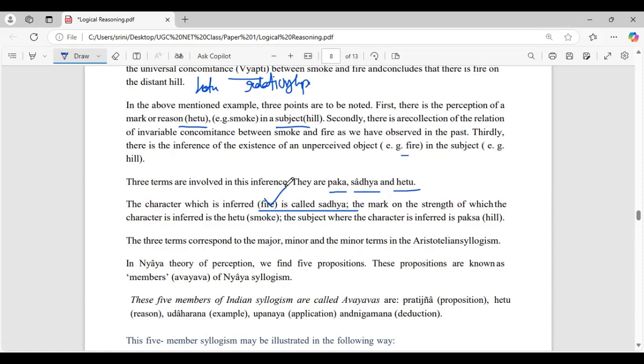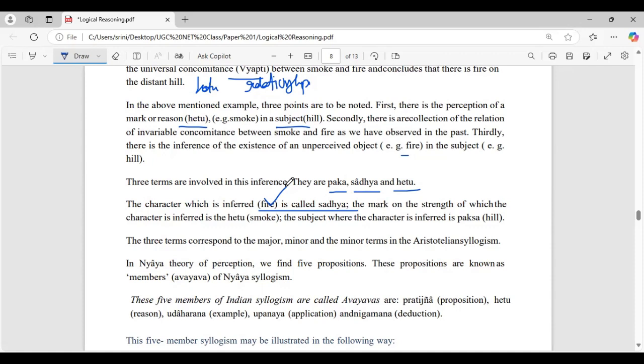The mark on the strength of which the character is inferred is the Hetu, that is smoke. The subject where the character is inferred is Paksha, that is the hill.